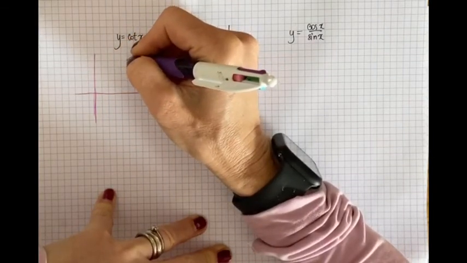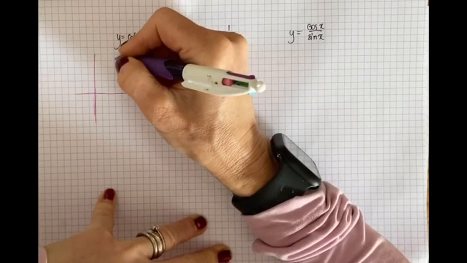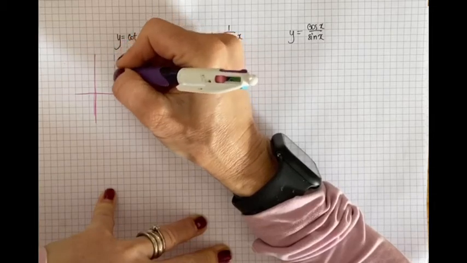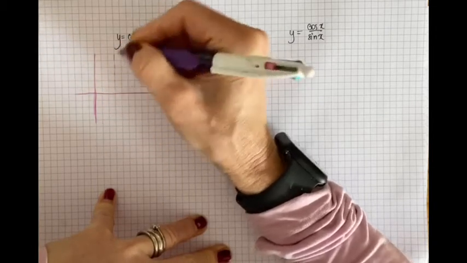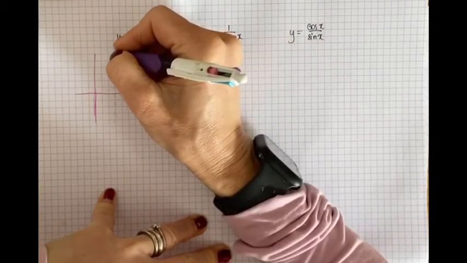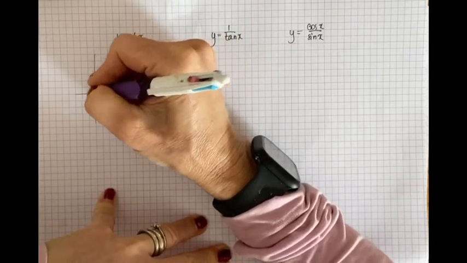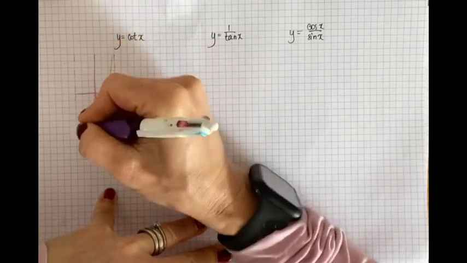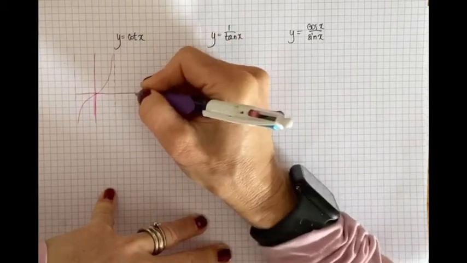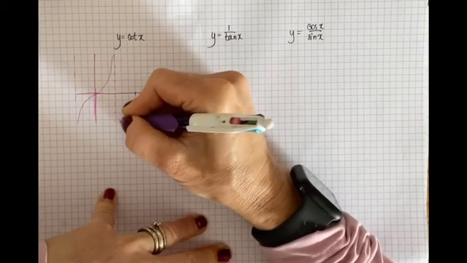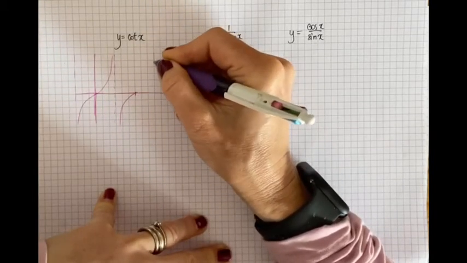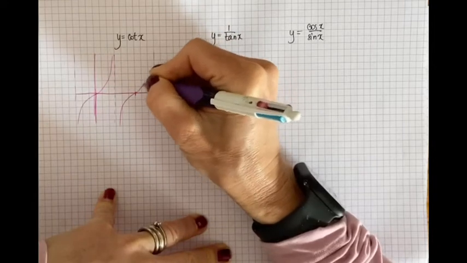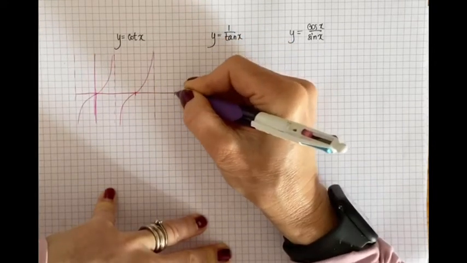So let's sketch tan. Remember, tan has the asymptotes at 90 and 270. So plus or minus 90. Then it goes through 180 and then another asymptote at 270. And then you can carry on.